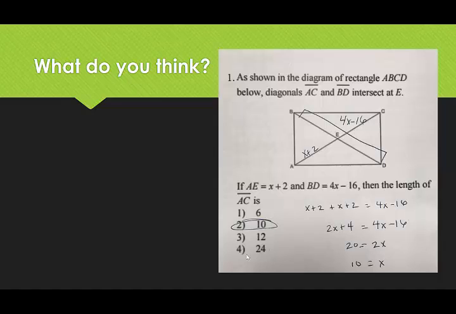Another benefit of standards-based grading, as well as not having your kids who are getting zeros just completely giving up on you, is this. If you look at this problem, now some of you might be a little rusty on your geometry, and that's fine, but basically, this student's doing everything correctly. If you read the problem, they've labeled it correctly. They know that 2x plus 2 equals 4x minus 16, and they solved the entire thing correctly.